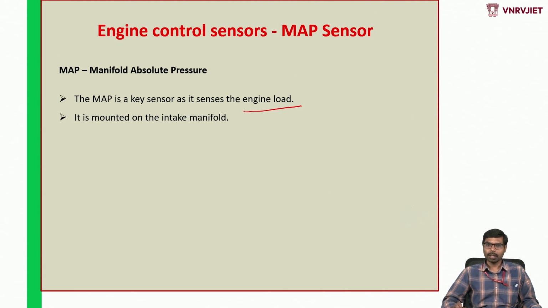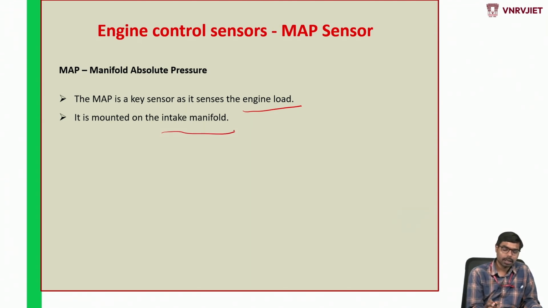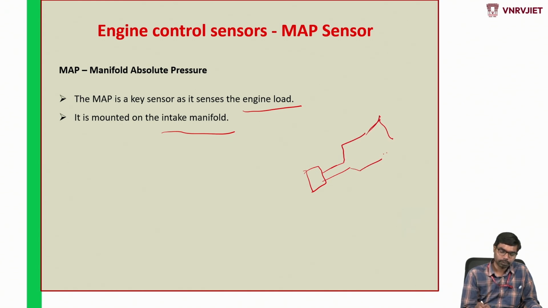The MAF sensor is present between the throttle body and the air cleaner, whereas the MAP sensor is present inside the intake manifold. We discussed this in the last class also. This is the air filter, then we have the manifold like this, where the air goes.